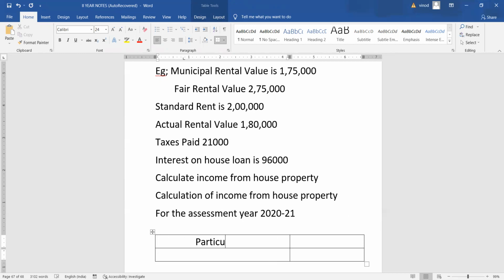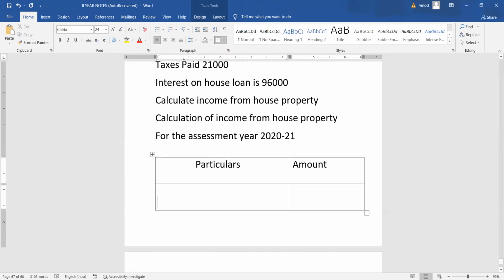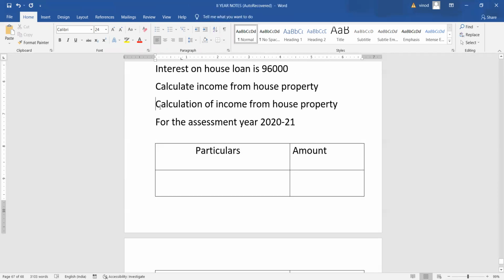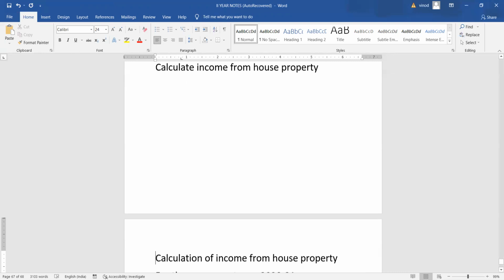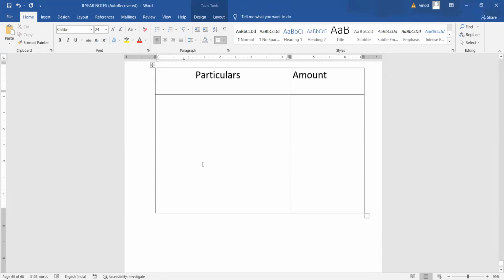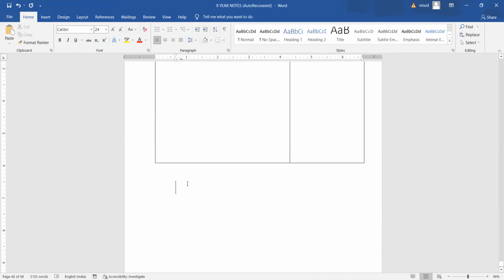Particulars, amount. This is the pro forma we have to do. Then we should prepare working notes.